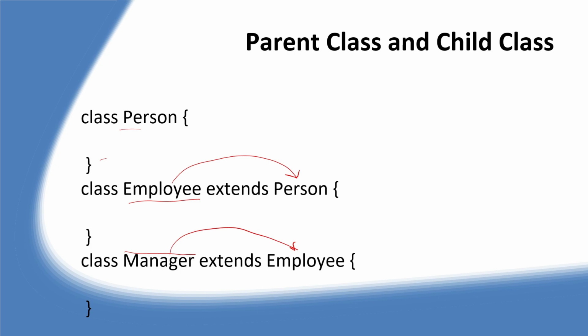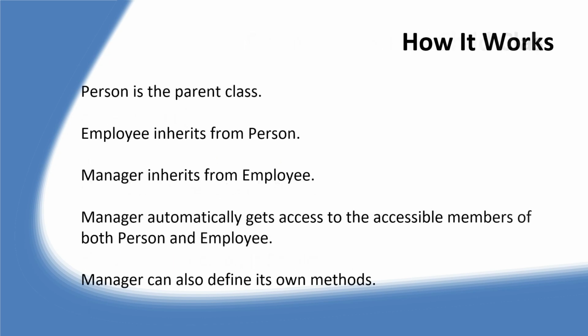So how it works: when inheritance occurs through multiple classes, the final child class inherits all the accessible members from every class in the inheritance chain. That's what we have seen just now.